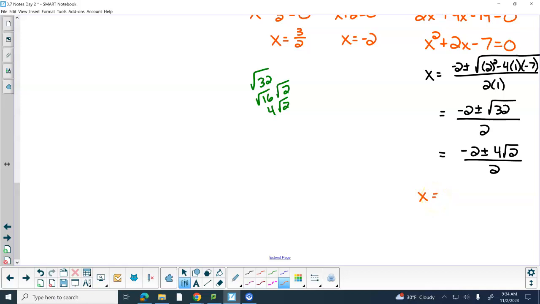All my outside numbers can be divided by 2. So my 4 zeros that I need are -2, +3/2, and -1 plus or minus 2 square roots of 2.